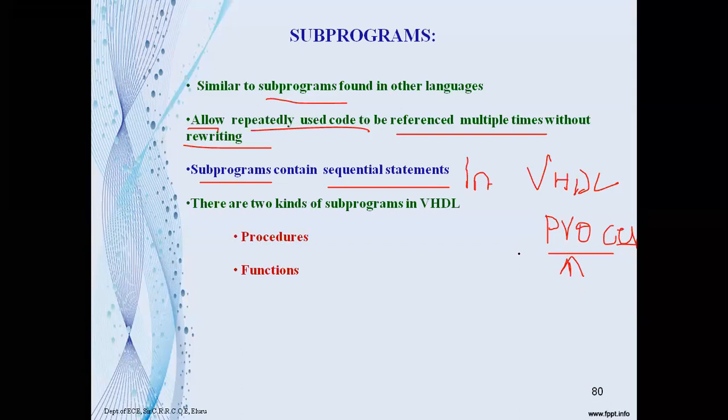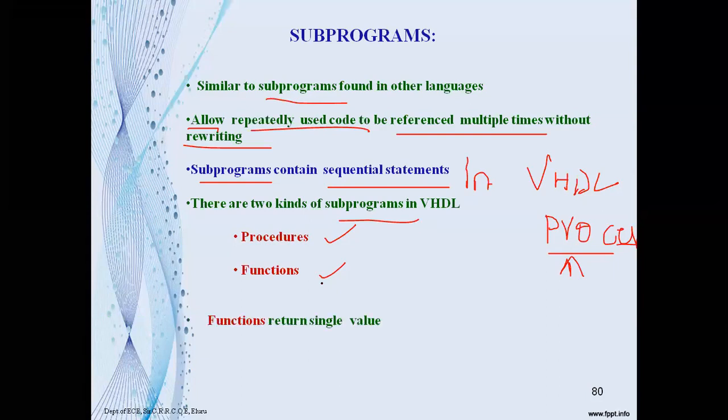And there are two kinds of subprograms. There are two different types of subprograms in VHDL: procedures and functions. A procedure is a subprogram and a function is a subprogram. So now, how can we understand these procedures and functions?